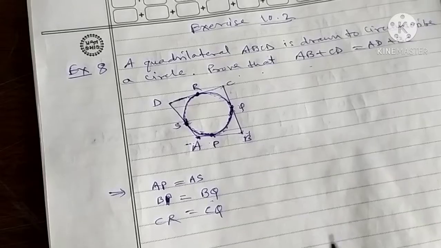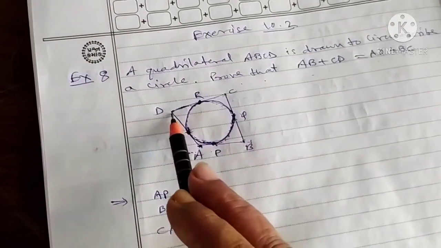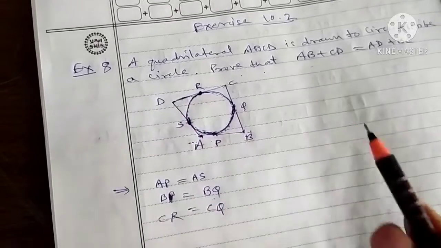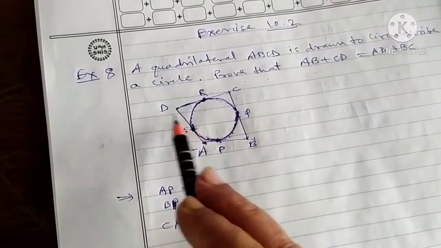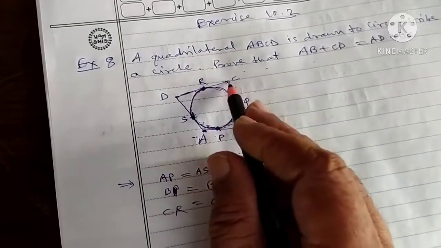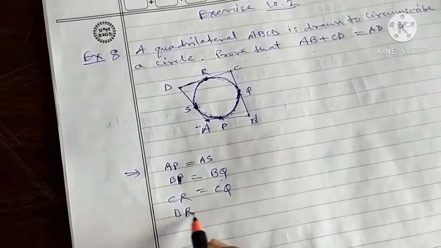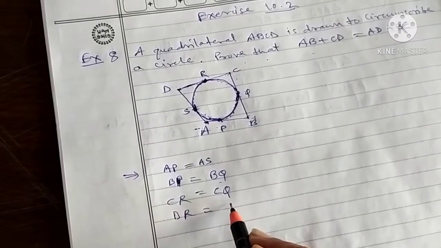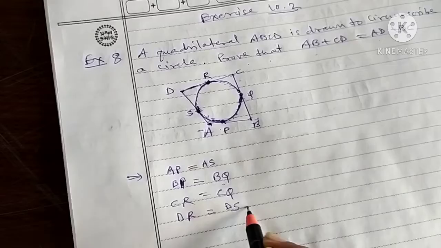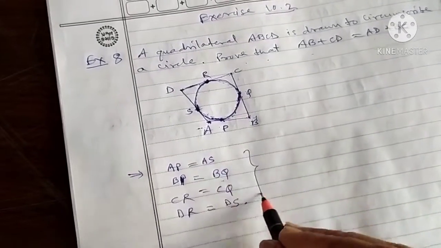Clear, students? Now again I look at point D. DR equal to DS. DR and CR: on the side of C, DR plus CR is DC. So I will write DR equal to DS. Clear, students?